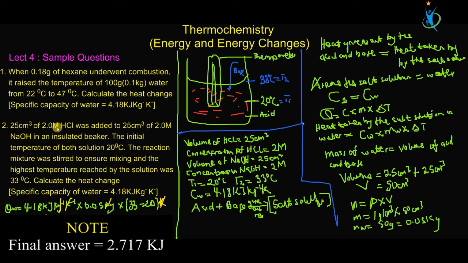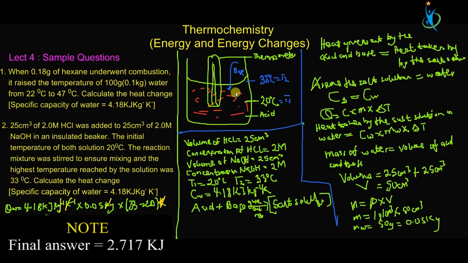After you add it, you get a salt solution. So you can still make the assumption that the salt solution can also be regarded as water. And so, with all those assumptions, we can find the heat that both the acid and the base gave out into the water.